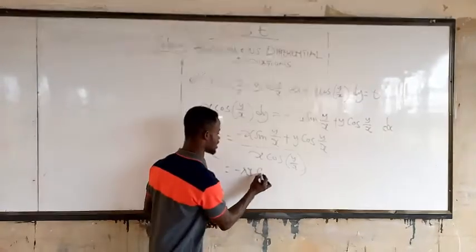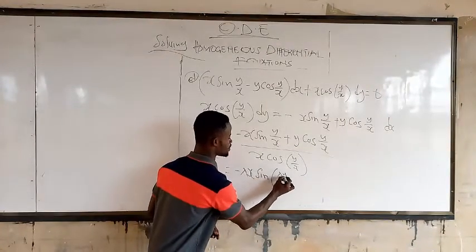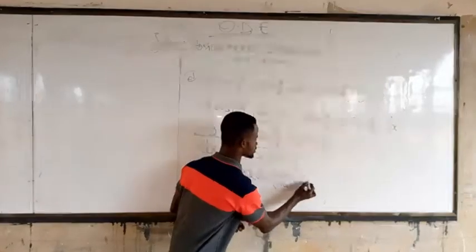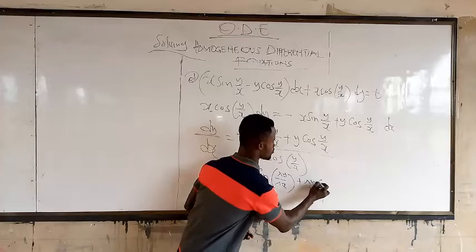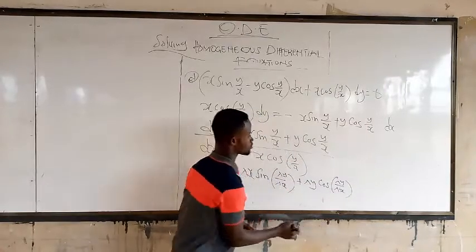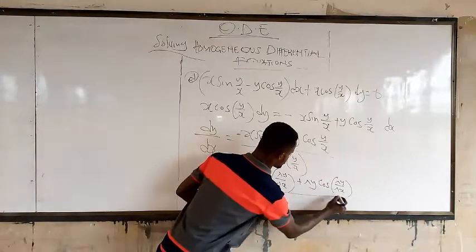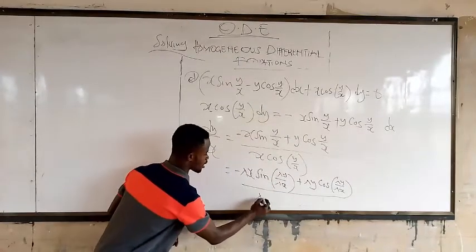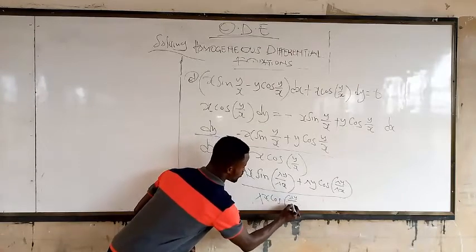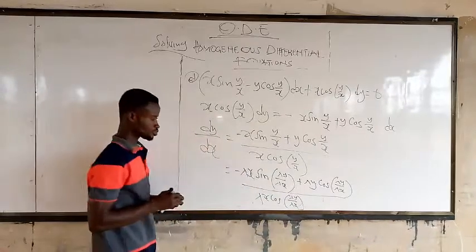Okay, then the sine, we replace that by lambda, plus lambda y cos lambda y over lambda x, all these over lambda x cos lambda y over lambda x.